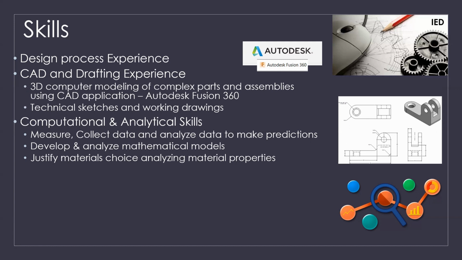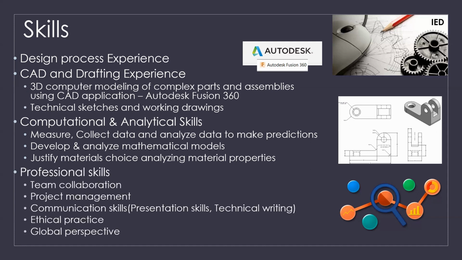So selecting the right materials with the right strength, weight, and durability and the like to solve the problem correctly. Some of the professional skills learned: team collaboration, project management, communication skills, which include both presentation and technical writing, ethical practice, and a global perspective.